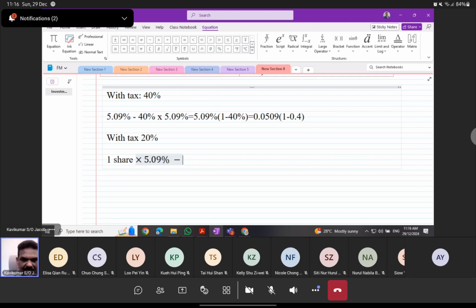How much you need to pay back? 20%, 0.20 times 0.0509. So this is actually 0.0509 minus 0.2 times 0.0509.